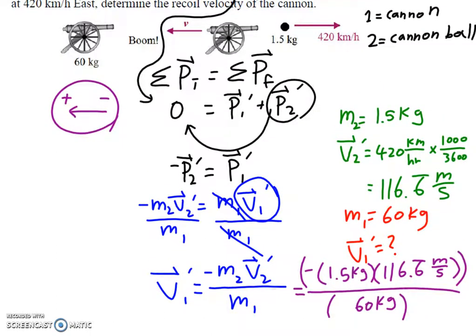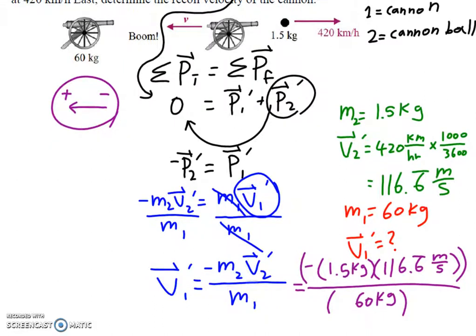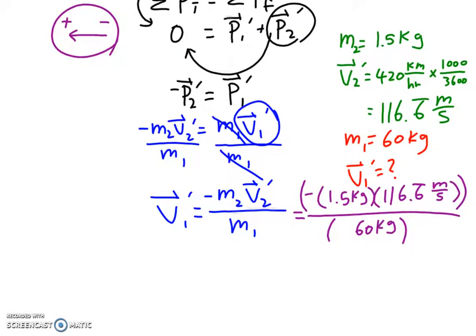Now, there's one thing I missed: we just decided going right is negative, and look what happened. I forgot to put the negative. See, mistakes can happen all the time. That's why in physics work you have to check double or triple. Now let's punch some numbers in. You should get a positive answer.